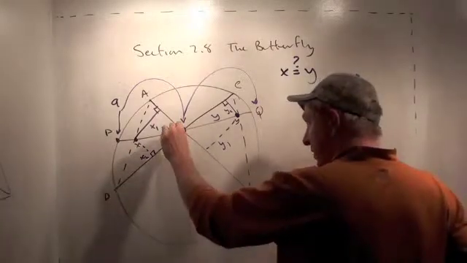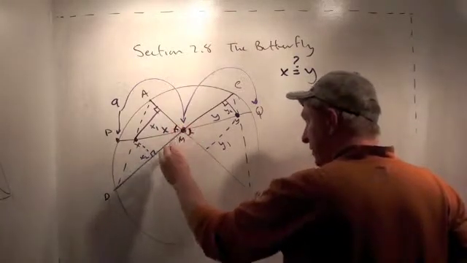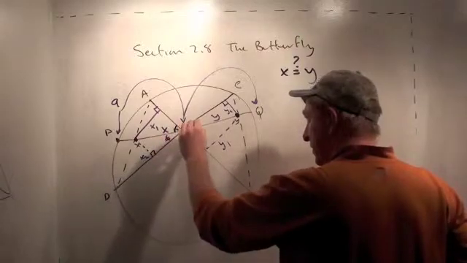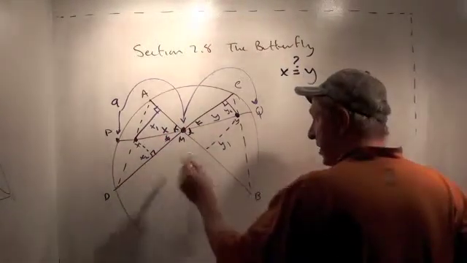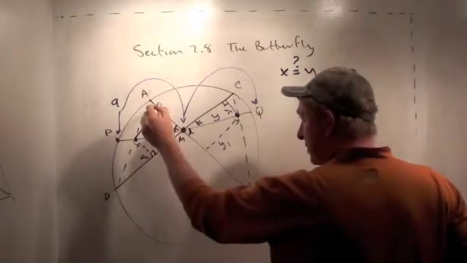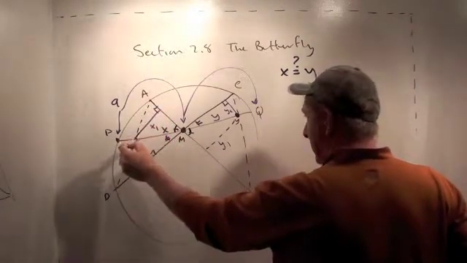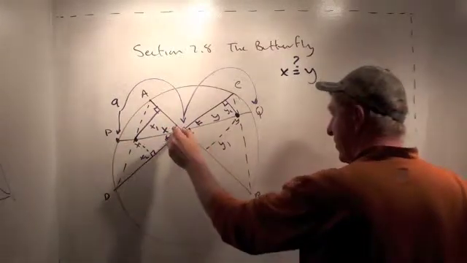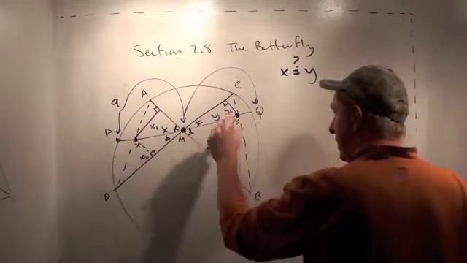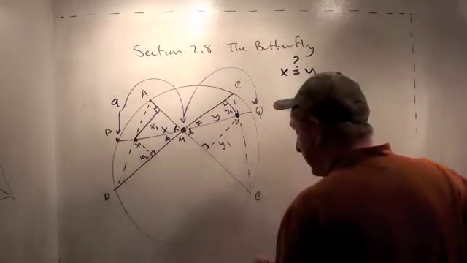So you'll notice that this angle is equal to this angle, and this angle here is equal to this angle. And that tells us that the right triangle MXX1, for lack of a better word, this triangle here, is similar to this triangle here, MYY1, where you've got a right angle there.